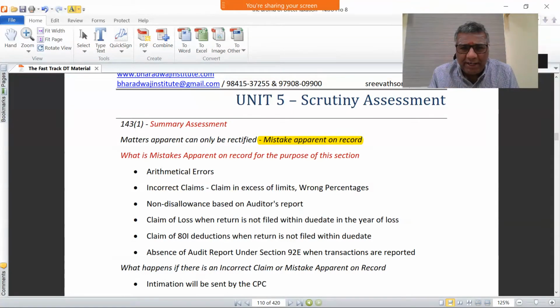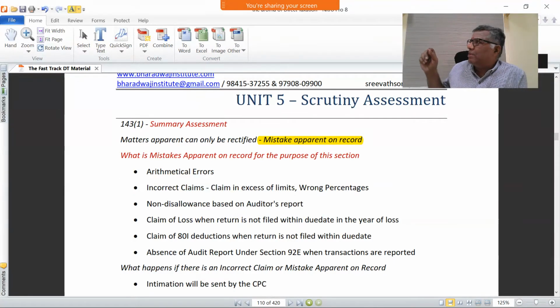For example, net annual value 1 lakh, rent per month into 12 lakhs, standard deduction at 40%. What can be the maximum standard deduction? 30%. But how much did I claim? 40%. Mistake apparent on record. There is no debate. I have made a mistake.